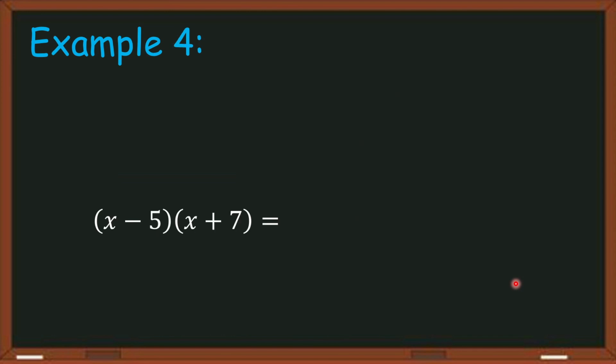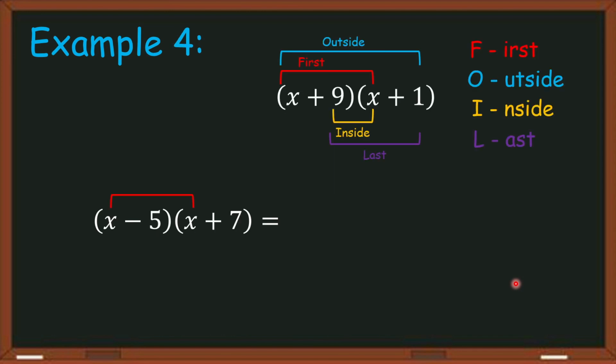Example number 4, again, sasagutan natin using FOIL method. So, simulan natin sa pagmultiply dito sa x times x. So, x times x is equal to x squared. Lagay lang natin dito. And then next, multiply natin yung dalawang nasa labas. So, x times positive 7. So, the answer is positive 7x. So, lagay lang natin positive 7x. Next, multiply natin yung inside, yung dalawang nasa loob. So we have negative 5 times x.